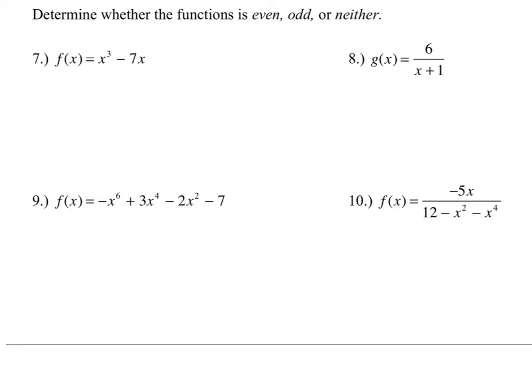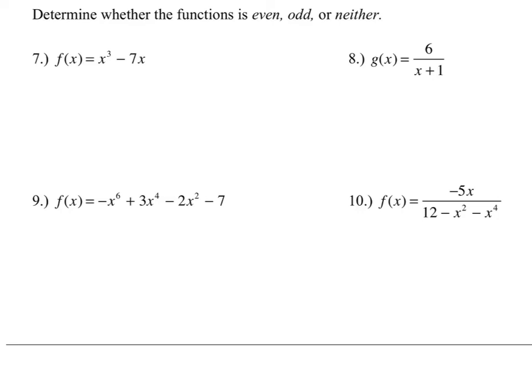Now we're discussing even and odd in regards to symmetry. So even functions with regards to symmetry, you can fold them perfectly over the y-axis and they'll match up. Odd symmetry means that all the points are reflected about the origin. So let's apply our tests. Number 7, f of x equals x cubed minus 7x.